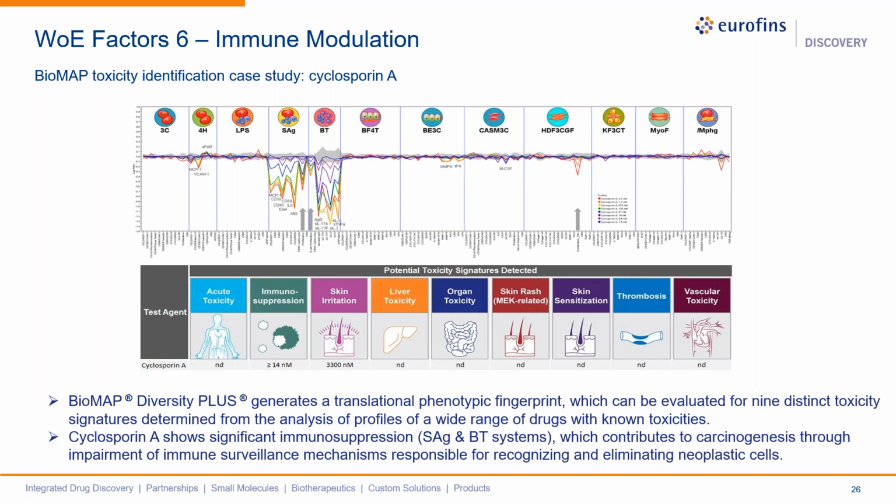When these pathways are inhibited, the body's ability to recognize and eliminate neoplastic cells is reduced. So the tumor cells might escape from our immune system. This approach provides critical early insight into potential immunomodulation effects that might contribute to carcinogenicity risk. Next slide, please.